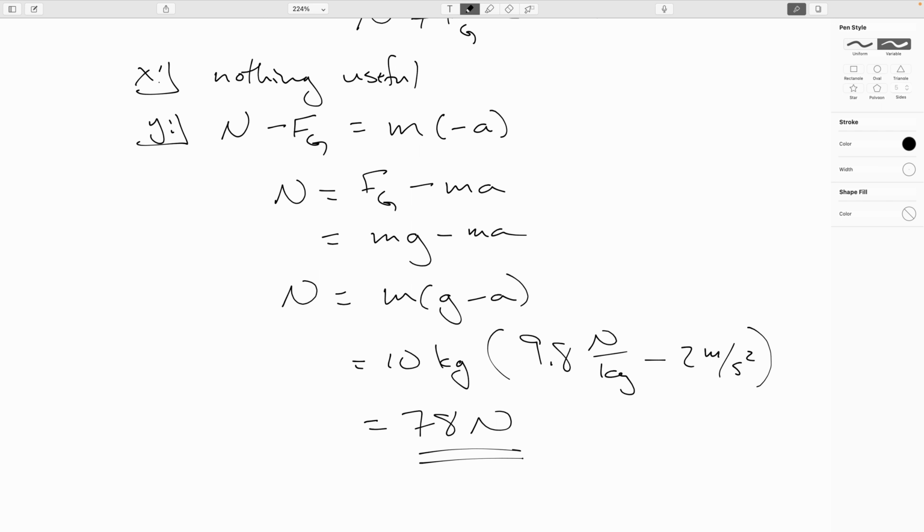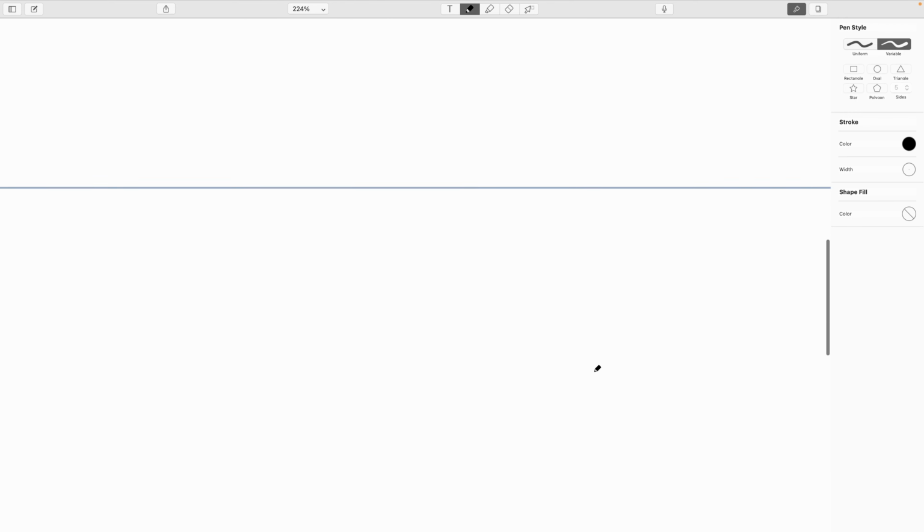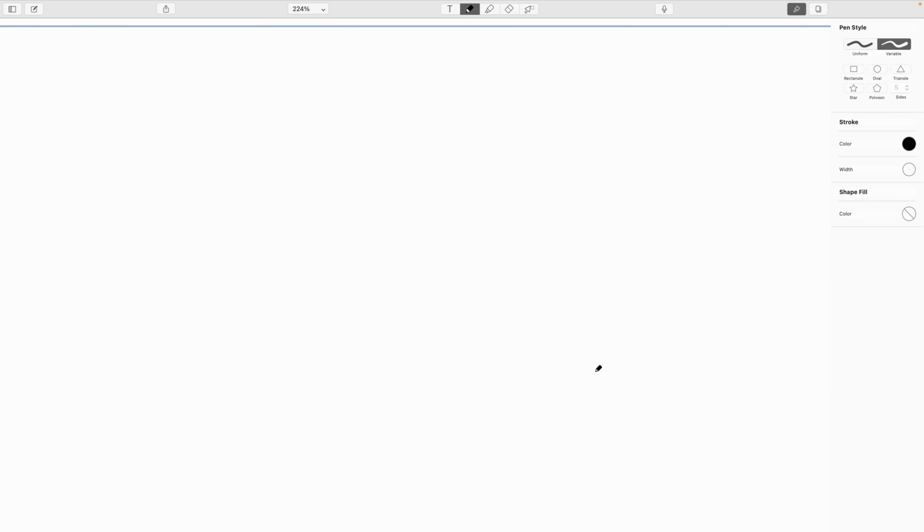All right. For our second example here, we're going to take a look at a system known as Atwood's Machine. Atwood was a scientific demonstrator from around the end of the 19th century, Scottish.